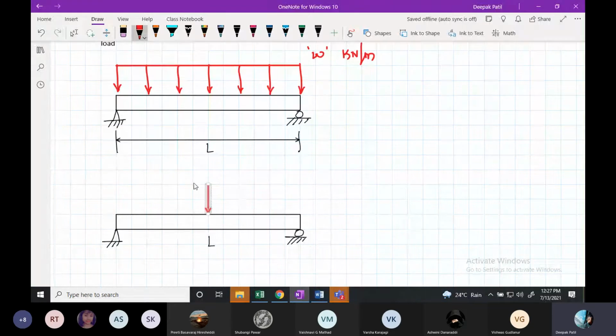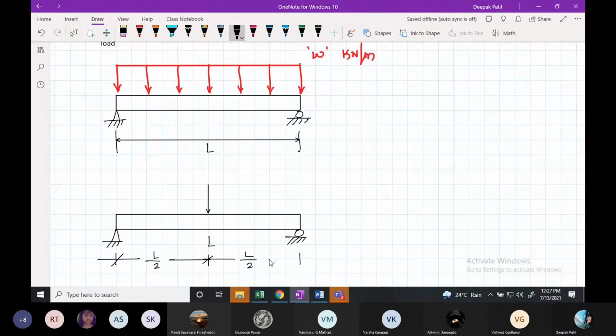That means this total length is L, so it should be L by 2 and this also will be L by 2. So it is here, exactly at the center.